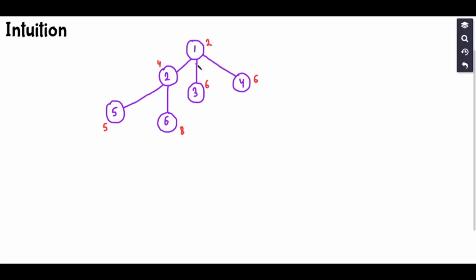So we have this tree. It has 6 nodes. N is 6, and the maximum number of subtrees into which I can partition it is 3. I can partition it into maximum 3 subtrees.